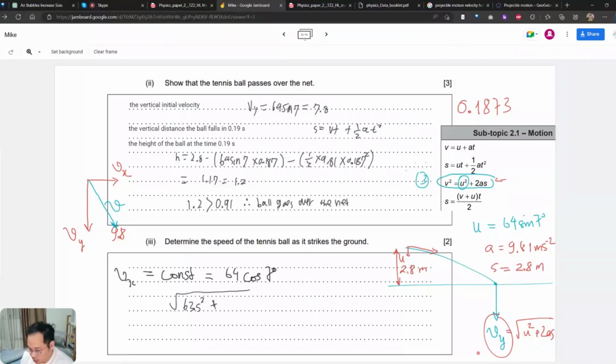So calculate Vy here first, and then because the two velocities are perpendicular to each other, the actual velocity is the hypotenuse of the right triangle here, and therefore we can use the Pythagorean theorem. V total is the square root of Vx squared plus Vy squared.